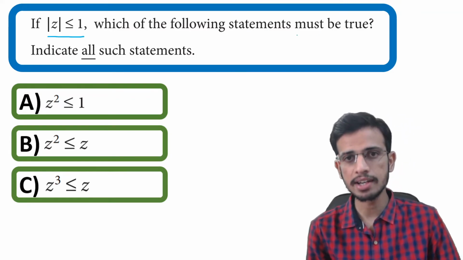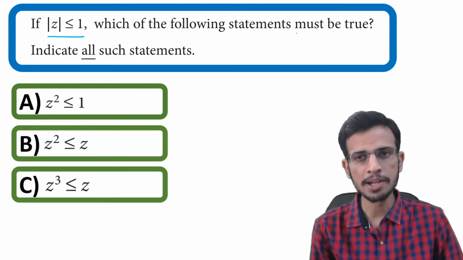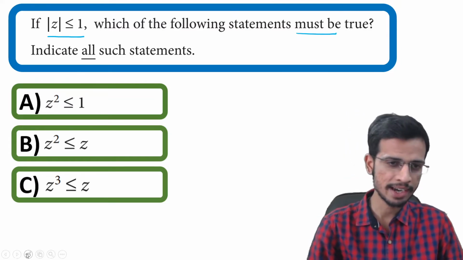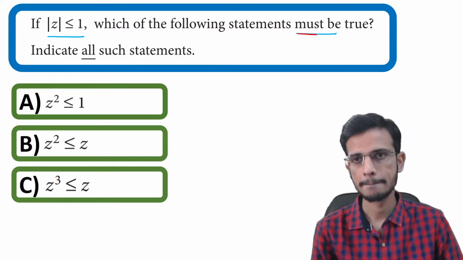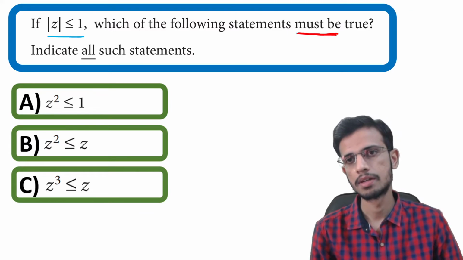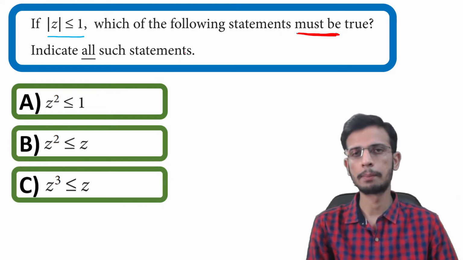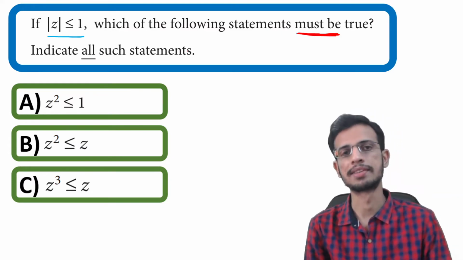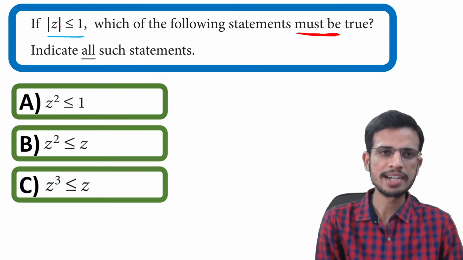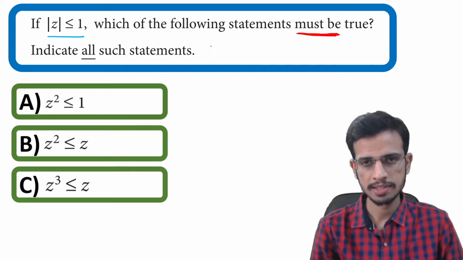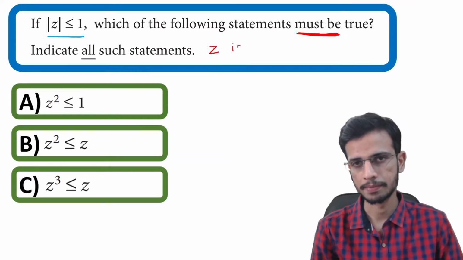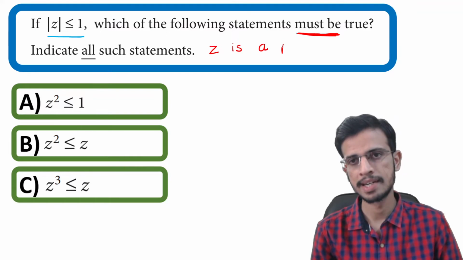They have mentioned which of the following statements must be true. Indicate all such statements. It is a multiple choice, multiple selection type question. What is z? My friends, z is a real number.